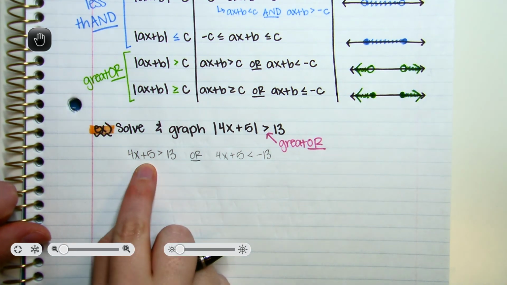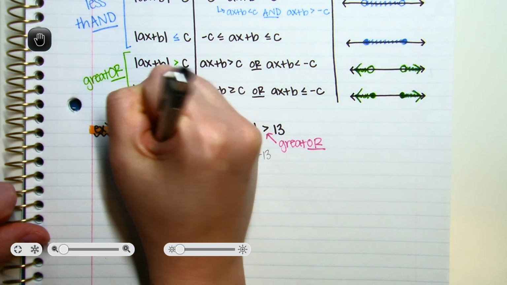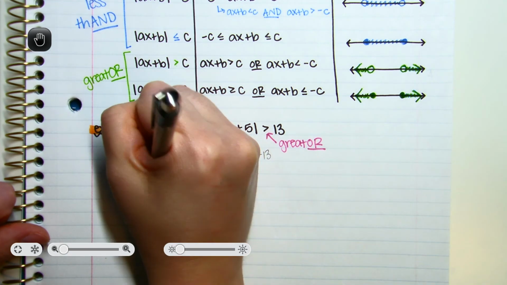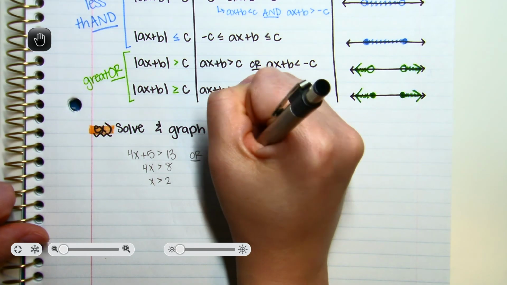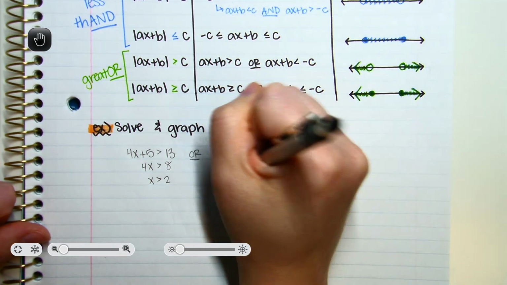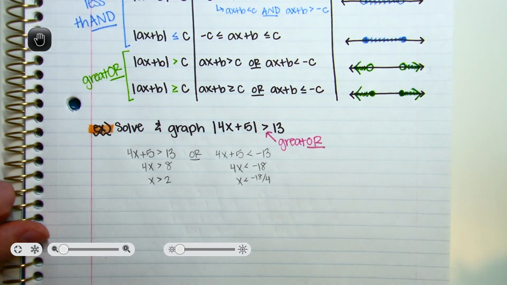All right, let's do the one on the left. Subtract 5 from both sides. Divide both sides by 2. All right, other one. Subtract 5 from both sides. Divide both sides by 4. All right, now I can simplify this.